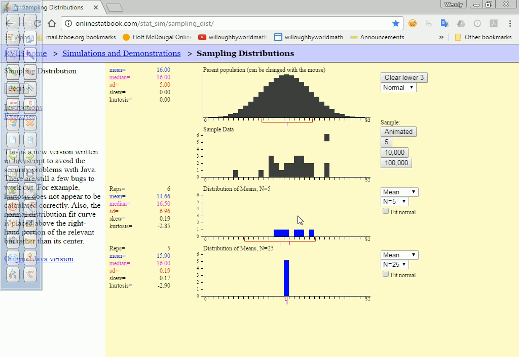So then we're going to have our means of 5, and then our distribution means when we have samples of 25. So if I kept doing 5 over and over again, let's watch what happens. Means of 5, means of 25. Let's keep building those. And you're going to watch that.